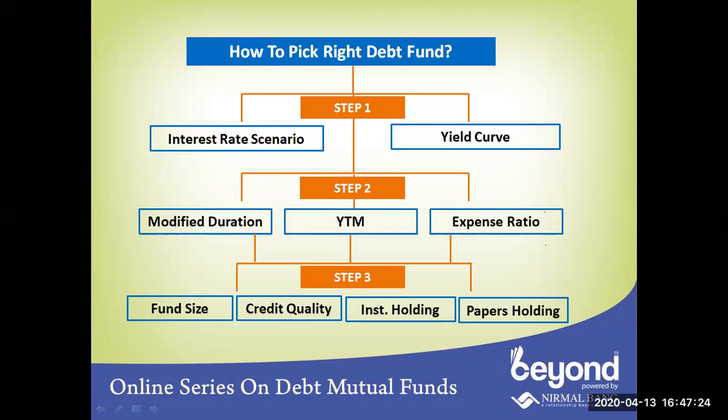So we always try to suggest funds where the fund size is not too small. Whenever one corporate or one big client is exiting from that fund, it can impact the entire fund's NAV or returns. So from that perspective, we try to suggest funds having a decent fund size.